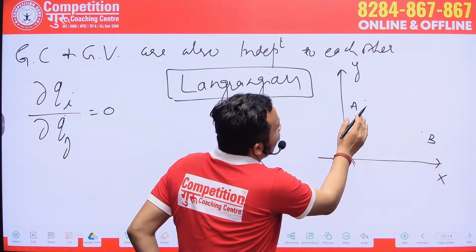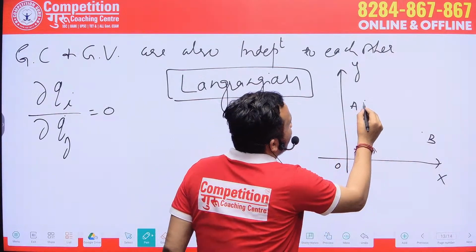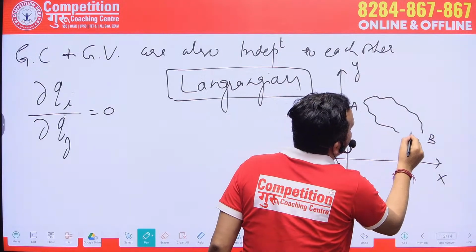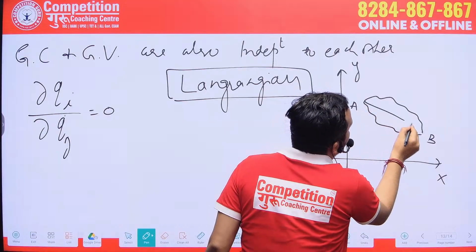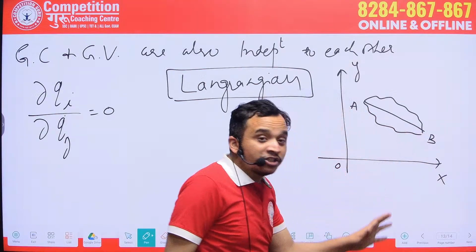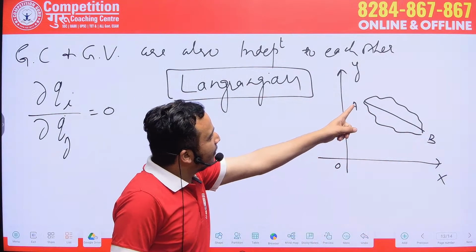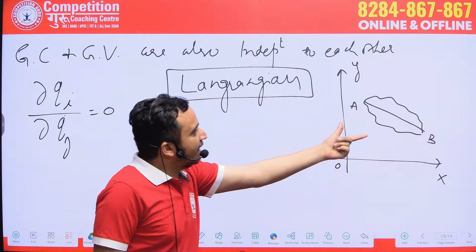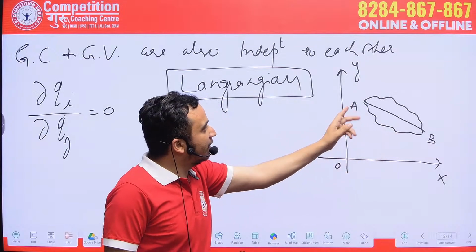We can move from A to B by different paths. Let us suppose one person is moving along this path, one along this path, and one along a straight path. The question is: along which path should a particle move from A to B so that it takes the least time and reaches first?